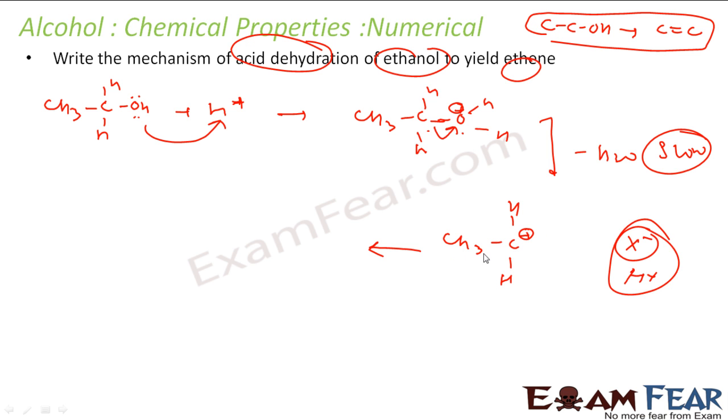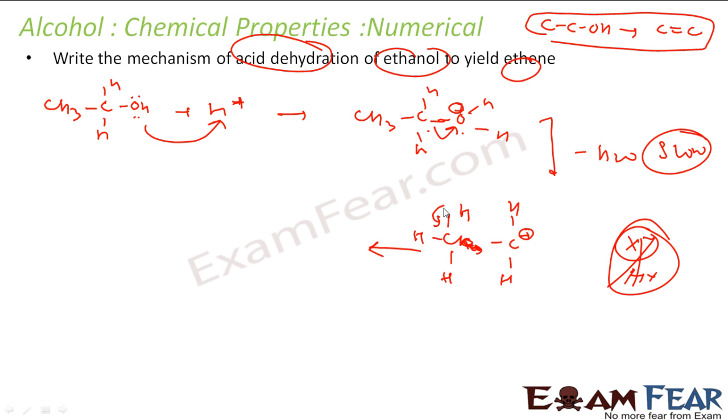Since there is no such X minus here, it will remove H. From where will it remove H? I will show you. Let me draw it in this fashion. If it removes H from this carbon, this H is gone, and the carbon gets a negative charge, and negative and positive can form a bond.